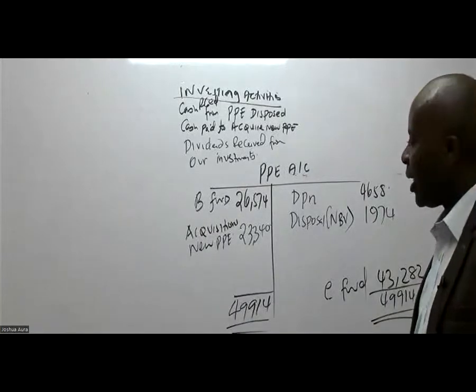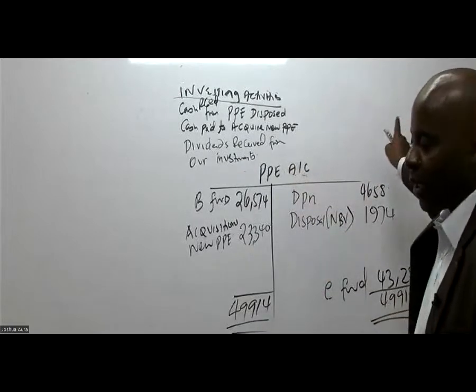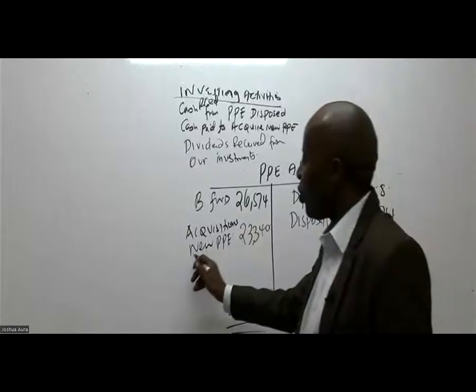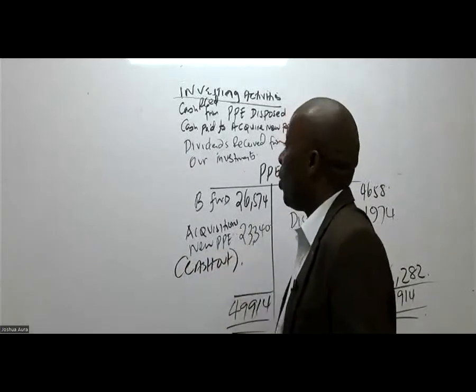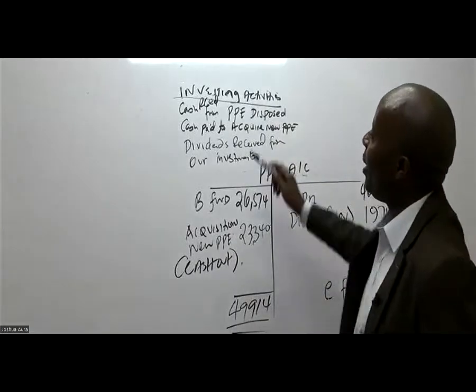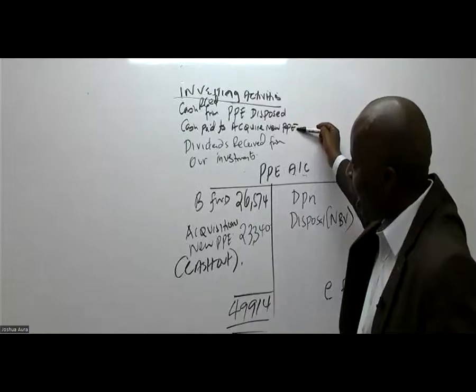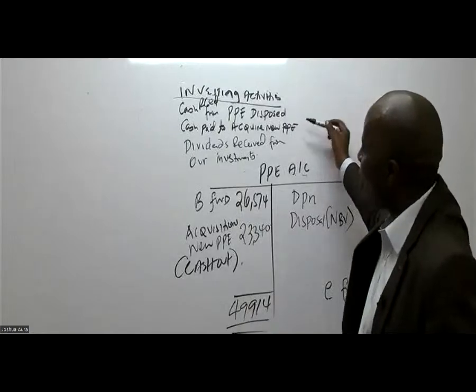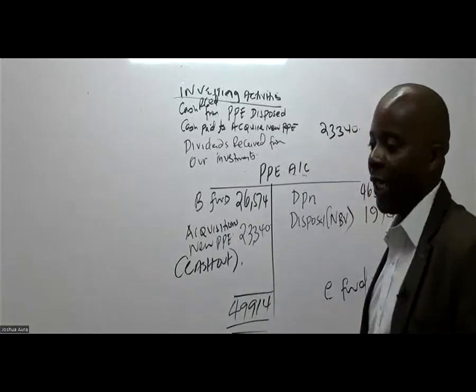So meaning that, ladies and gentlemen, our PPE increased, our cash went out. So this is cash out. So then automatically, it can't be cash received from, this will fall here. Cash paid to acquire new PPE. So this is 23,340 like that.